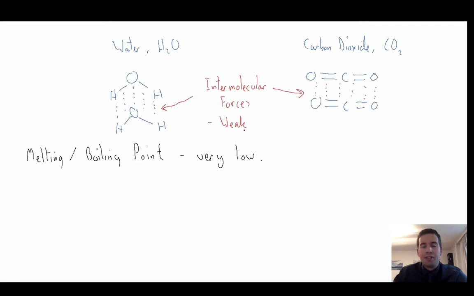You need to identify the force, in this case, or the bond which is being broken. You need to link this to the amount of energy required to break it. So we're breaking intermolecular forces. They're weak, so they don't require much energy to break, hence low melting or boiling points.